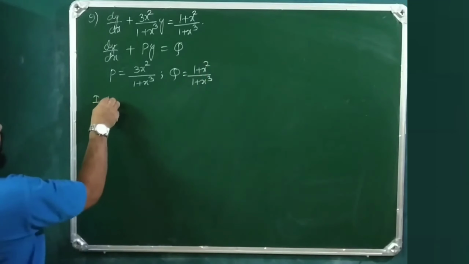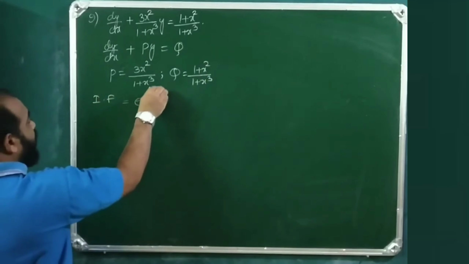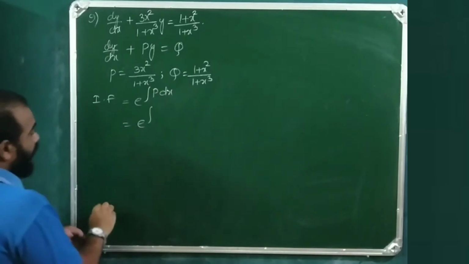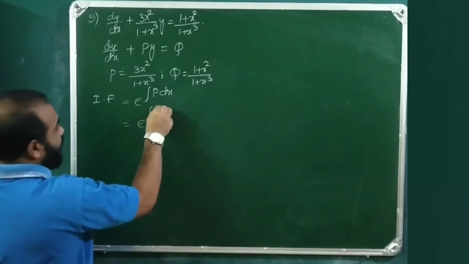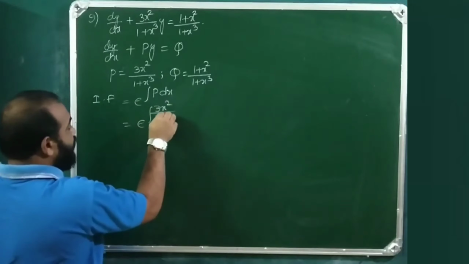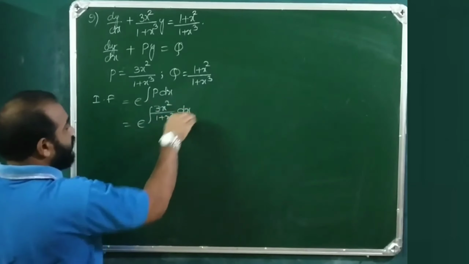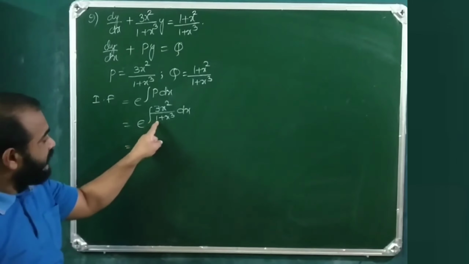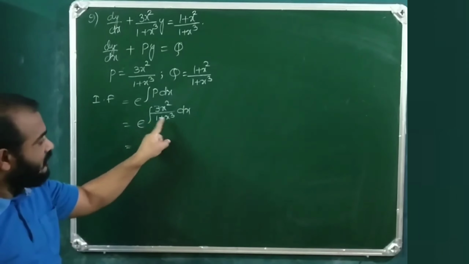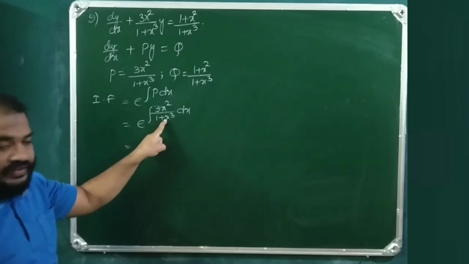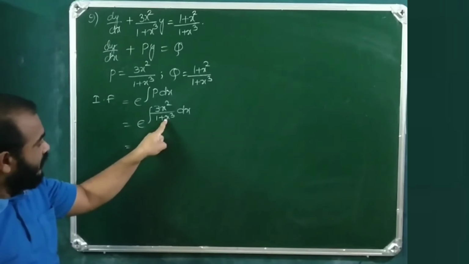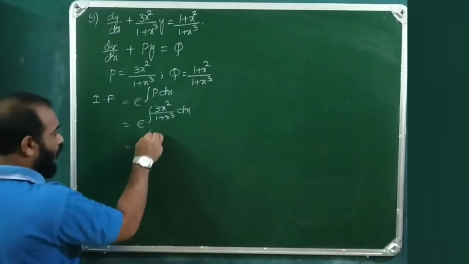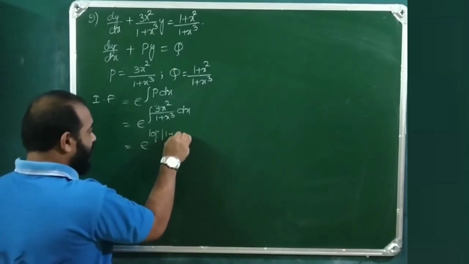So the integral factor equals e power integral p dx, e power integral of 3x square by (1 plus x cube) dx. See this: 1 plus x cube, its derivative is 0 plus 3x square, since the derivative of 1 is 0 and of x cube is 3x square. So this is f dash x by f of x, giving log mod f of x, so log of 1 plus x cube.